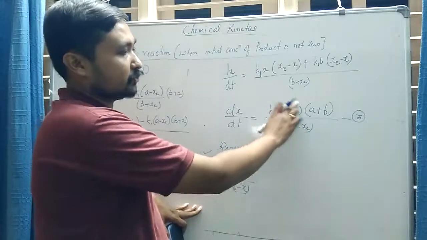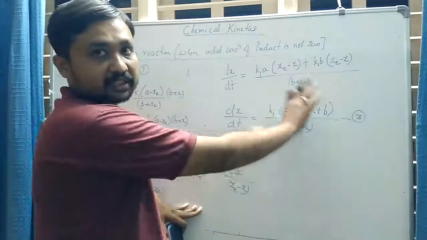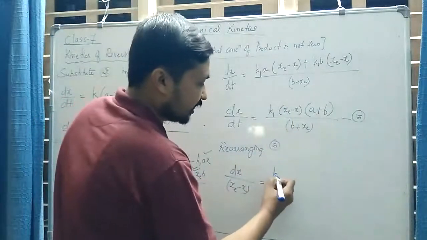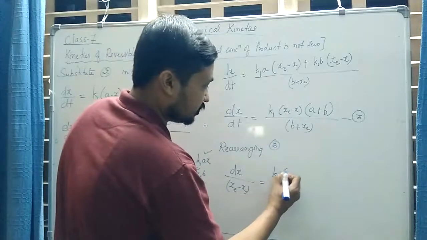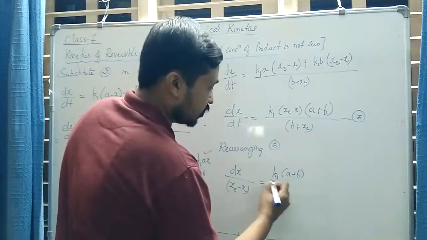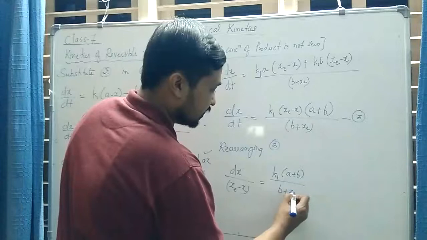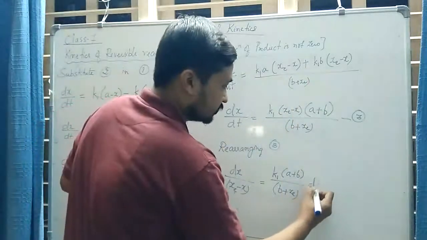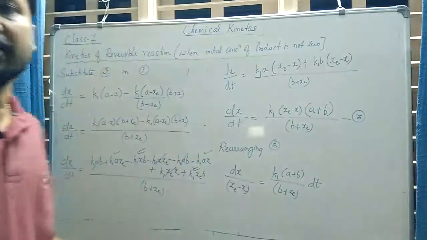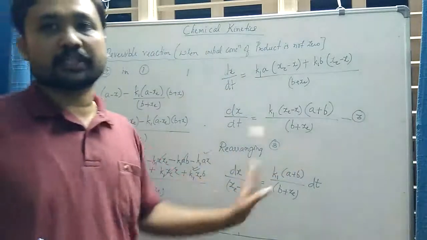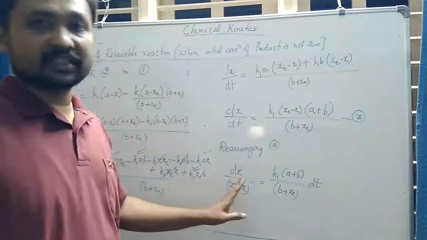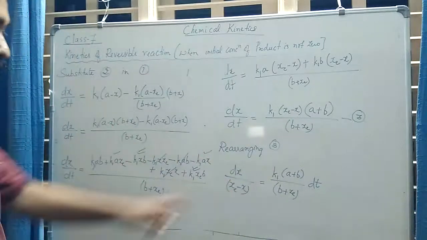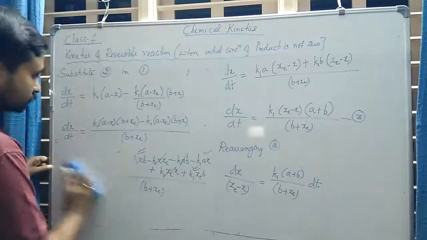So except for the term (xe minus x), other things are constants. All those constants I will retain in the RHS, so k1 into (a plus b) divided by (b plus xe), and now I shift this dt to the RHS. Now this equation is ready for integration because we have separated the two variables: variable x is in the LHS and variable time is in the RHS. Now let us integrate this equation.